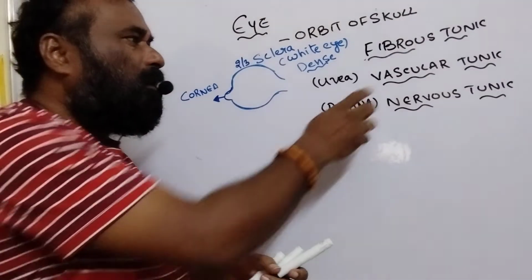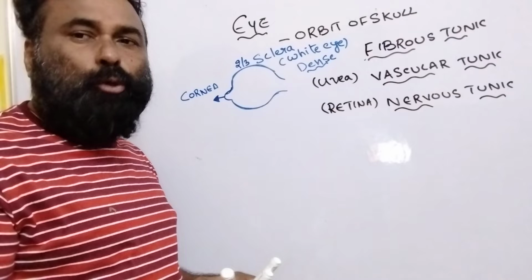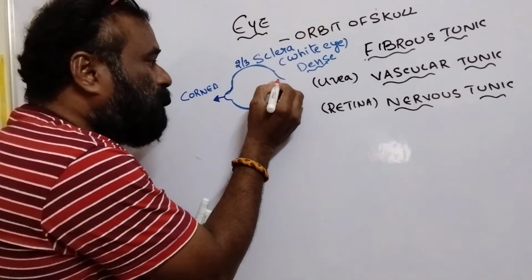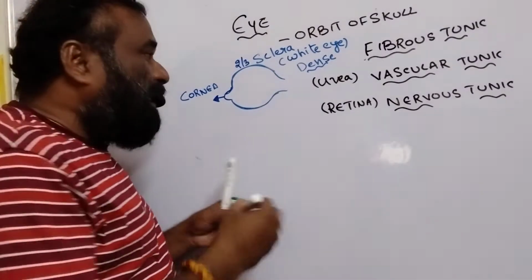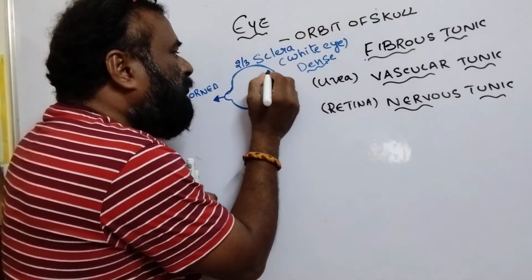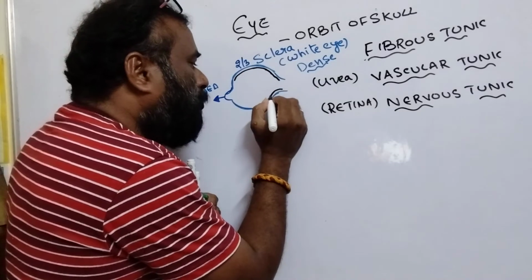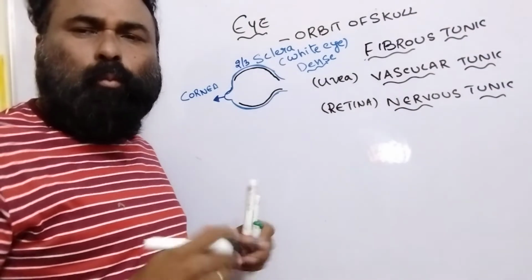Next, let us go to the vascular tunic. The vascular tunic looks like a U shape, and is further called the uveal tract. In this diagram, you see a bluish transparent posterior portion. This bluish portion is called the choroid, a richly vascularized portion with more blood supply.